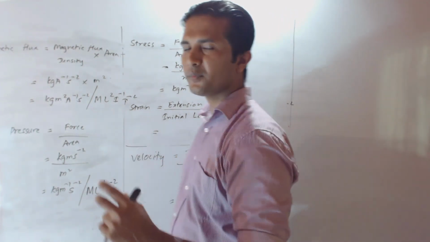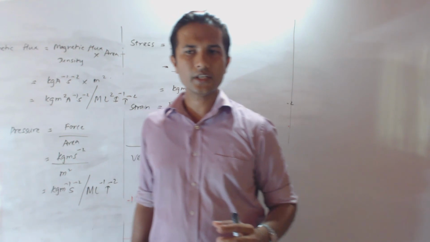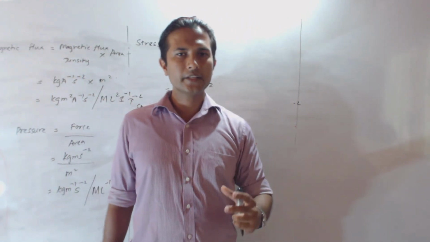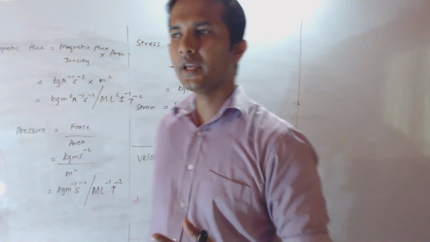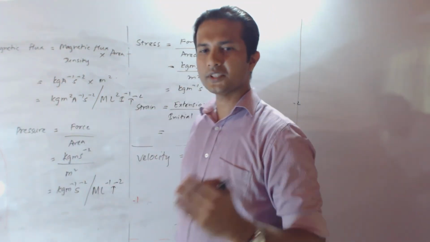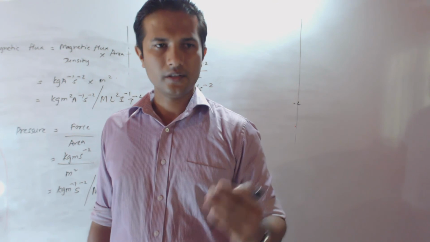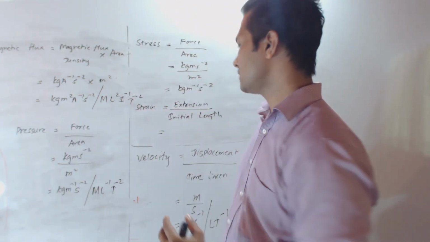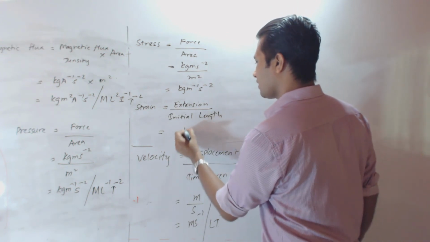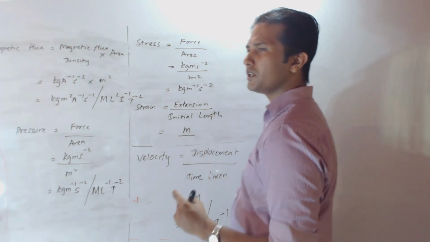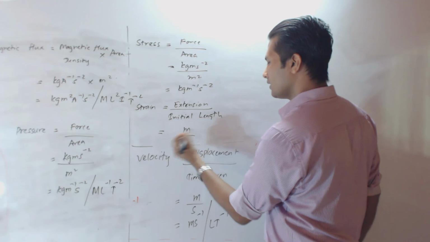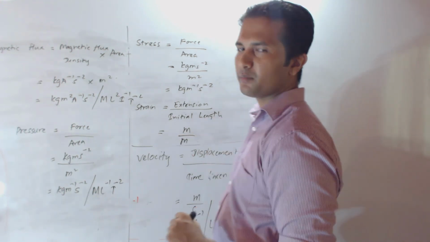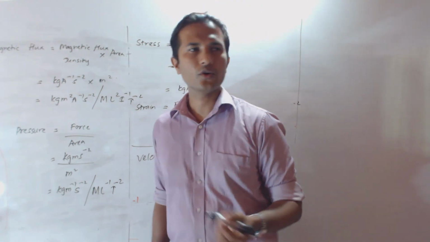That is the difference between final length and initial length. So in order to get the extension, take the gap between those physical quantities as I mentioned earlier. Therefore the unit becomes simple m, and the initial length, as we know, is also a length. Therefore the strain becomes unitless or dimensionless.